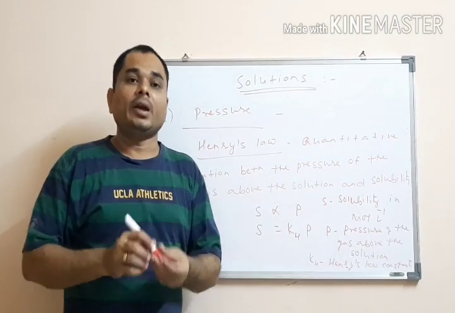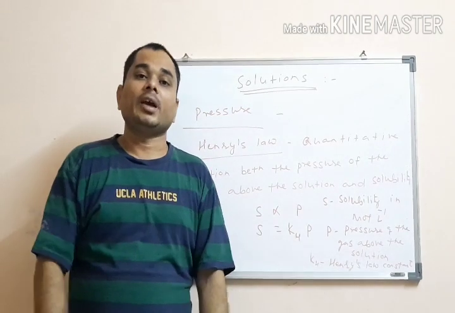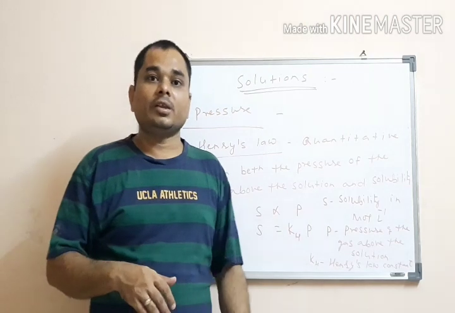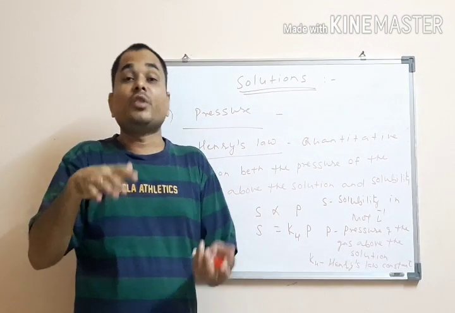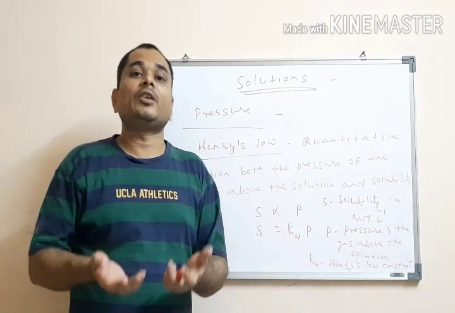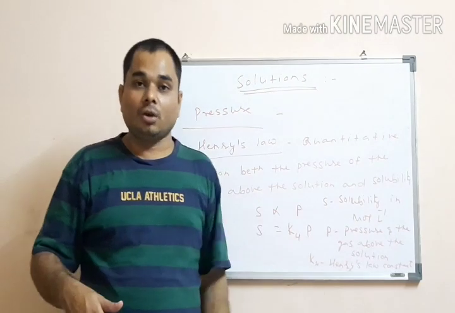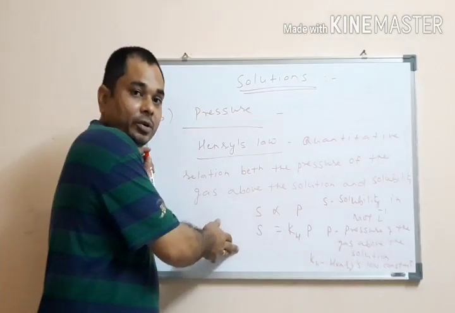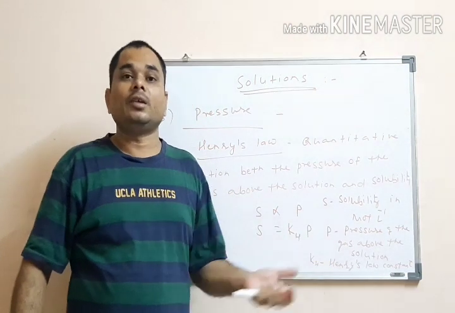Now remember, Henry's law is applicable in case of the solubility of gases in liquid solvents. There are some exceptions to this. Say suppose the gas that is being compressed reacts with the liquid solvent, then the results that we get will be totally different from what is expected from Henry's law. The exception is there in case of gases like ammonia, NH3 and CO2.